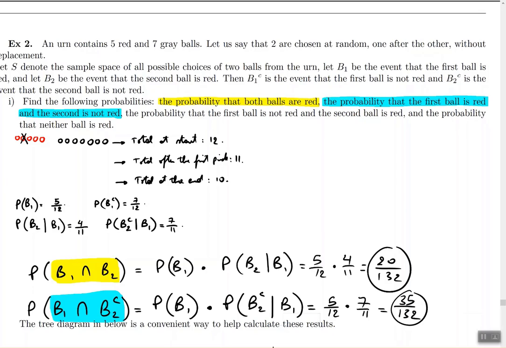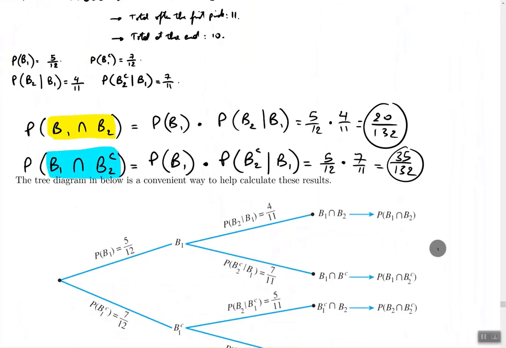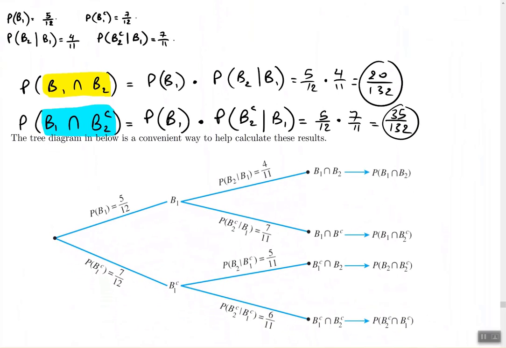We can continue doing the same thing for the rest of the question, but it's sometimes a little bit easier to make a table or a diagram or one of these probability trees to figure out what the probabilities are. It's a little bit faster than having to do everything mentally. So this tree pretty much summarizes what we already said. The probability of having a red ball on the first try is 5 out of 12.